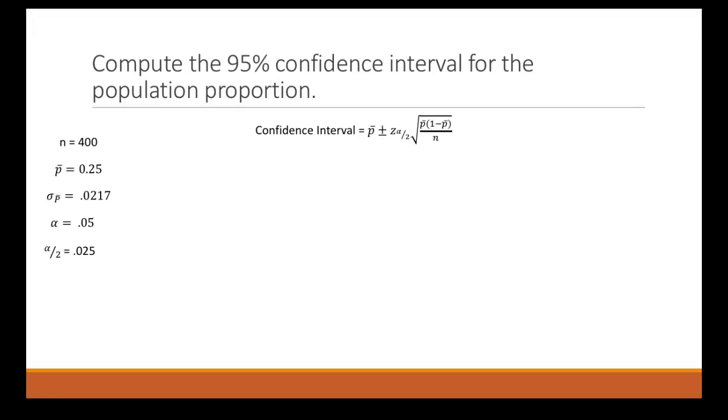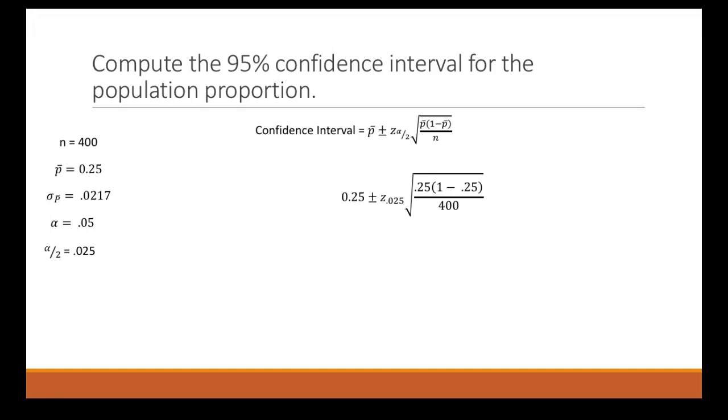So we have that, and then we have our standard error and all of the pieces needed to calculate it that we did in the last slide. So if we start filling in our confidence interval formula, it'll start looking like this. 0.25 plus and minus the z-score of 0.025 times our standard error.